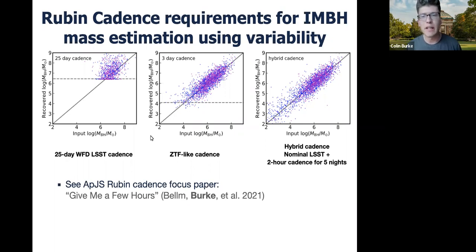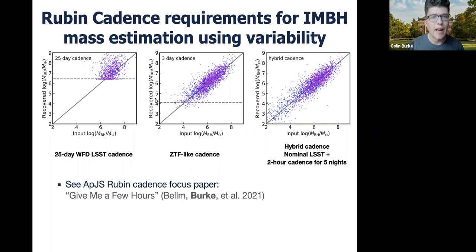And not surprisingly, what you find is that below a certain cadence, you lose those timescales. If your cadence is 25 days, it's hard to measure the black hole mass using the variability timescale below about 10^6 solar masses, because essentially your light curve is not sampled at a high enough cadence to sample the full frequency of the power spectrum, to be able to constrain a break in the power spectrum.